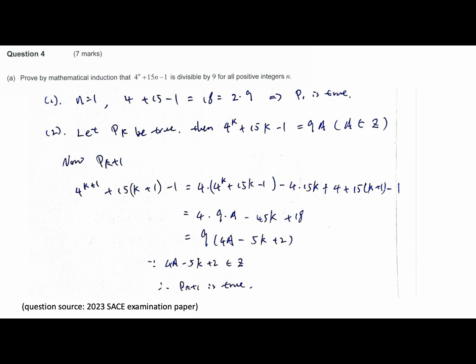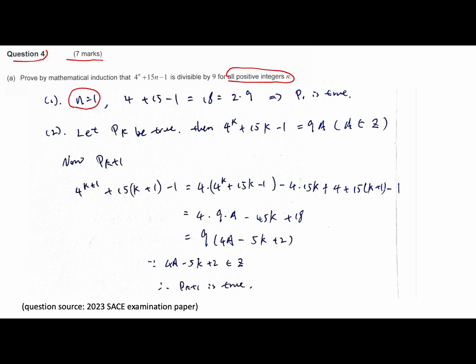Now let's look at 2023's examination question. So it's question 4, 7 marks. Prove by mathematical induction that this expression is divisible by 9 for all positive integers. Now from the last piece of information, we know that n starts with 1.